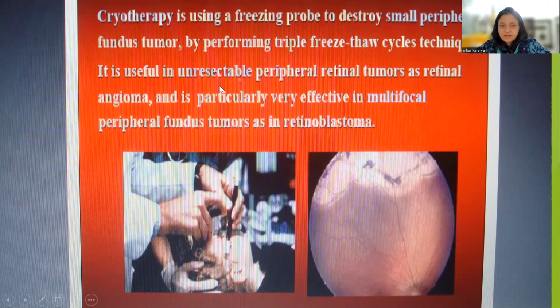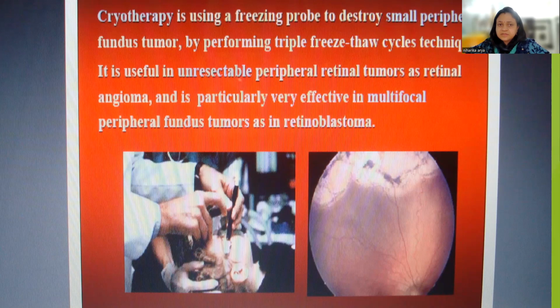It is useful in unresectable peripheral retinal tumors such as retinal angiomas, and is particularly effective in multifocal peripheral fundus tumors as in retinoblastoma. So this technique is used only if the tumor size is small and it is present at the periphery of the retina. If it is unresectable, we can't remove it.